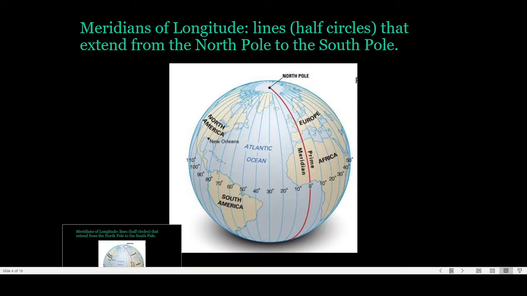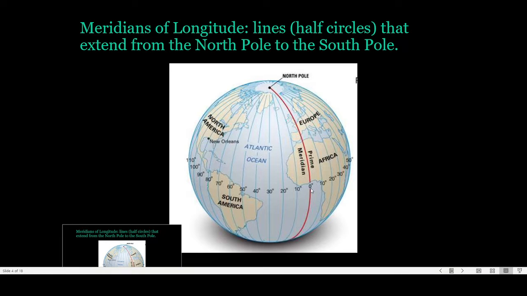Everything on the right side of the prime meridian is designated east: 10 degrees east, 20 degrees east, and so on.